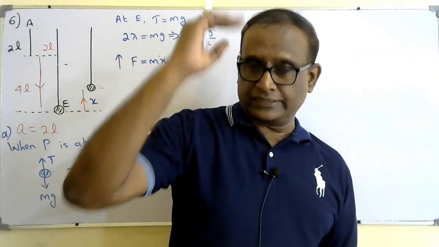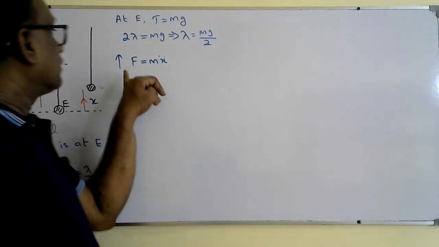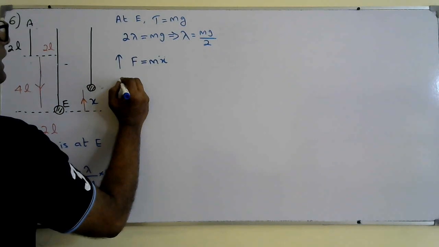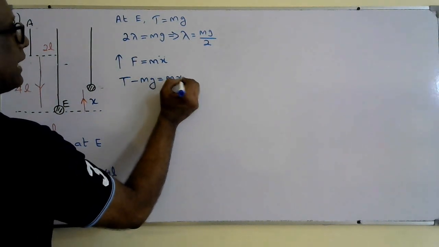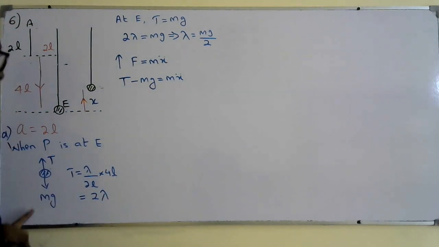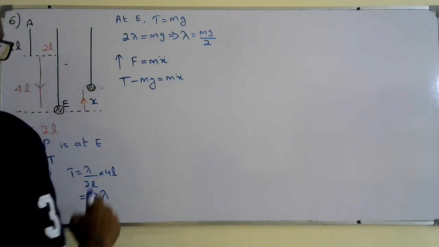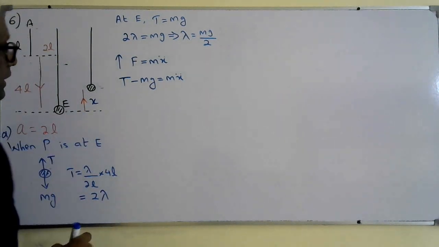The displacement is taken in the upward direction because it was raised up. The resultant force is the new tension T minus mg equals m x double dot. Earlier, at position E, the extension was 4L.